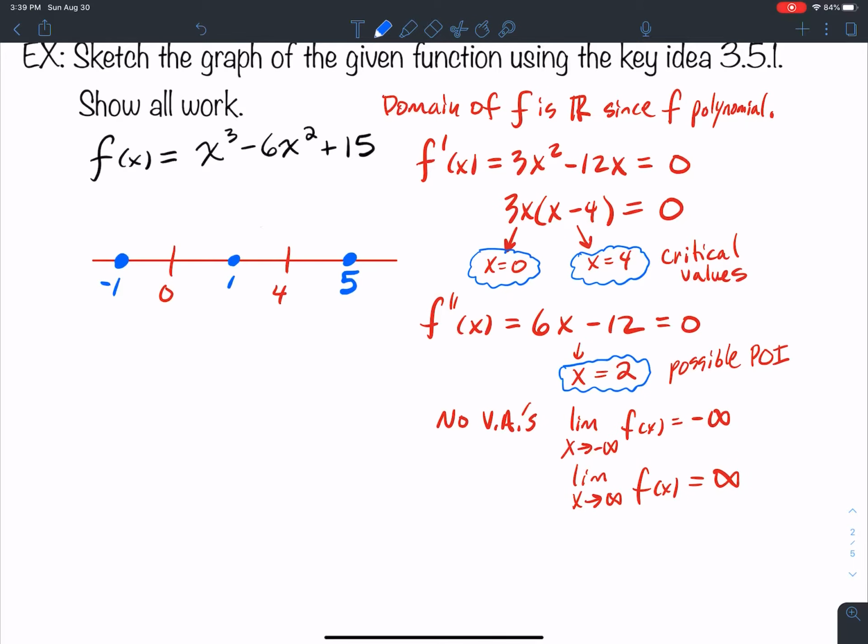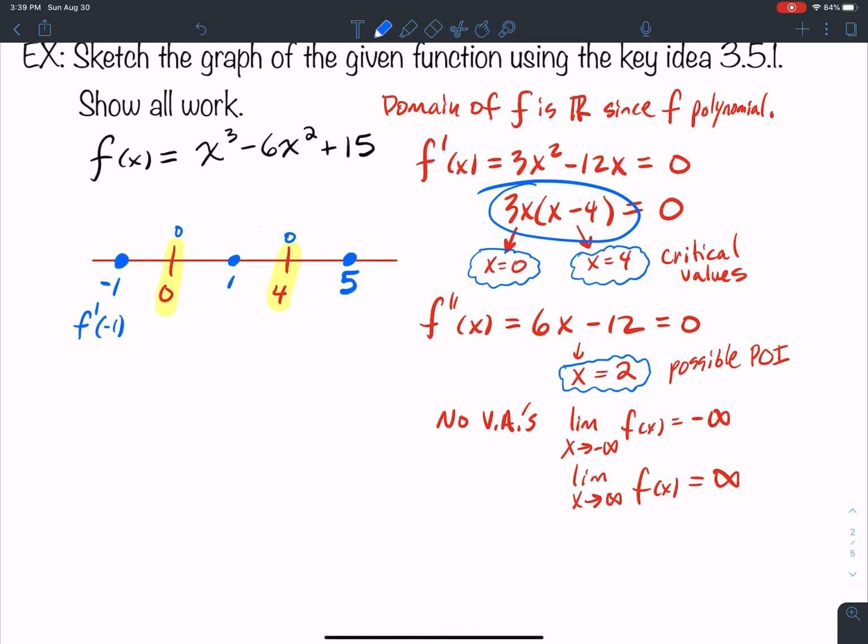So I'm checking points in between just to see what the first derivative will compute to. So we know that the first derivative is going to be 0 here based off of what we found. So whenever I plug in f prime of -1 here, what is f prime equal to?